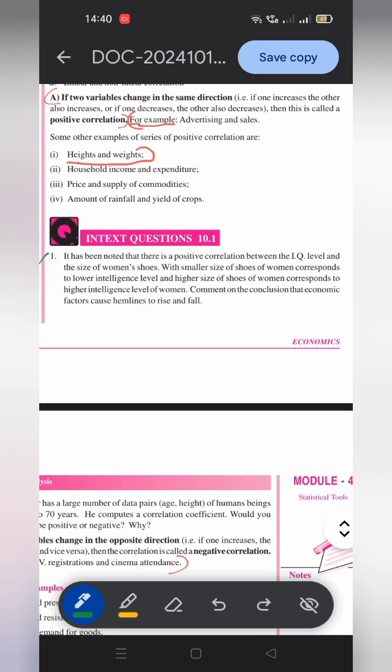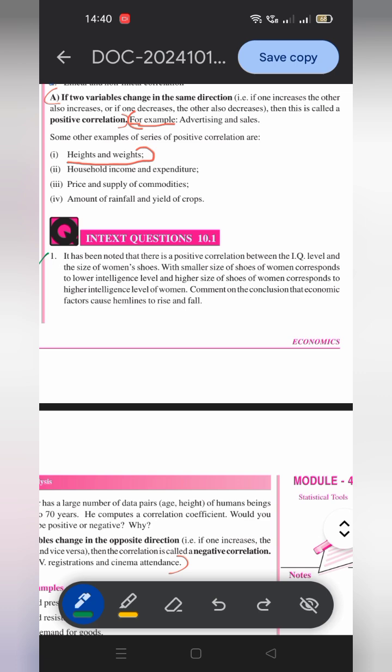Now let us discuss the index question 10.1. First question. It has been noted that there is a positive correlation between the IQ level and the size of women's shoes. With smaller size of shoes of women corresponds to lower intelligence level, and higher size of shoes of women corresponds to higher intelligence of women.